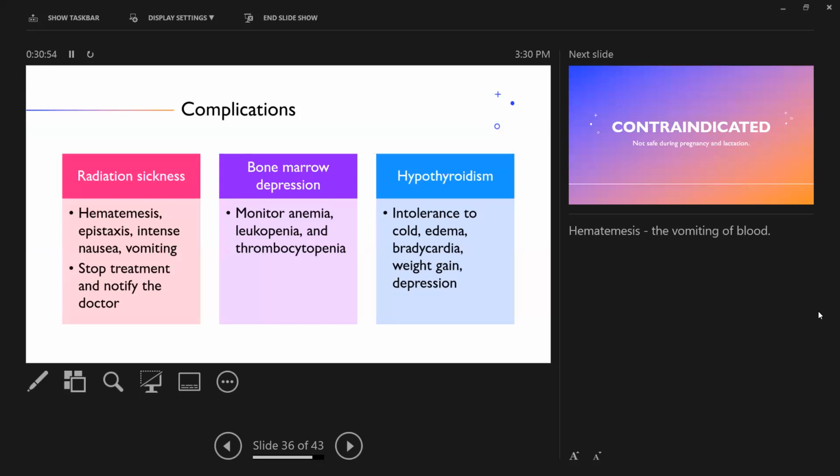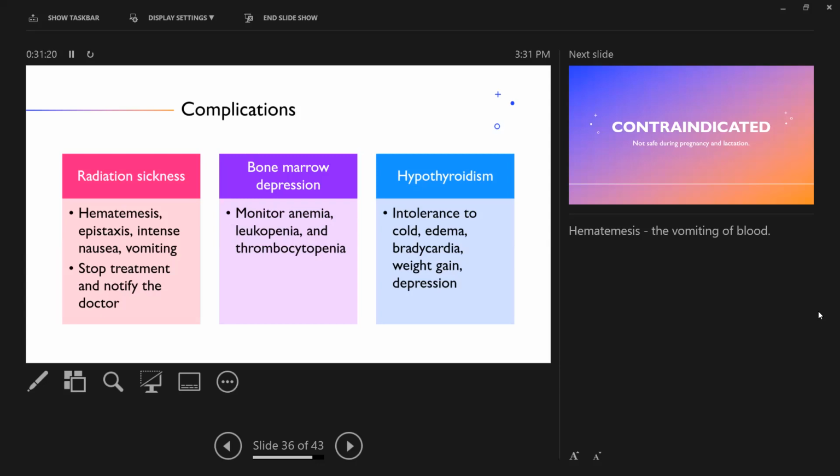Complications include radiation sickness. So intense nausea and vomiting, the vomiting up of blood, that's hematemesis, epistaxis, that is nosebleeds. If these become very severe, stop treatment, notify the doctor.